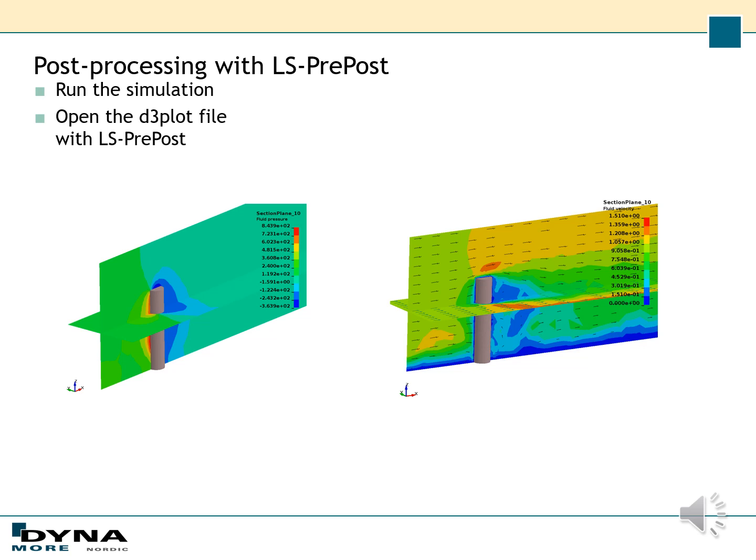Now the simulation setup is complete, and it just remains to run the simulation using, for example, LS-run and then to open the result files with LS-PrePost. I will not go through the post-processing in detail here, but I have included some snapshots of the pressure and velocity fields.